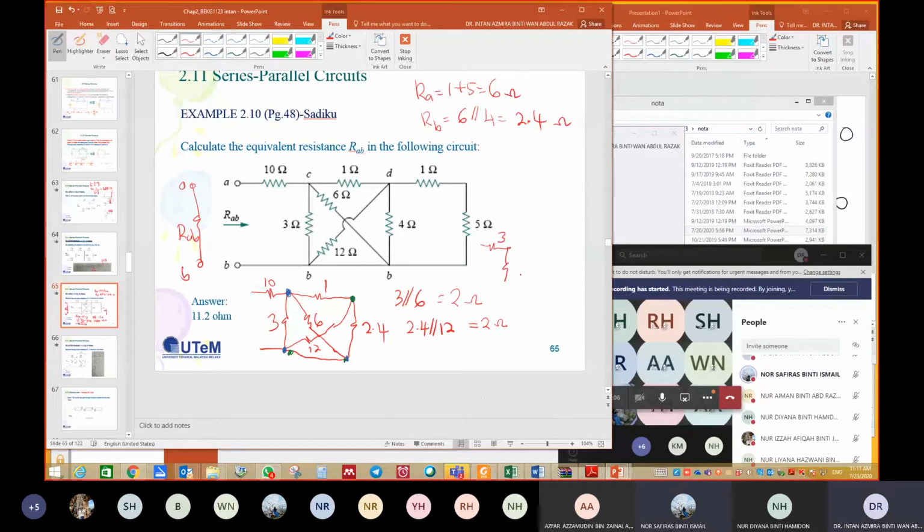So 3 here, 3 and 6 we get 2. Okay, and then we have 1 here. Then 6 and 2.4 we get... no, 2.4 and 12 we get 2. Okay, any more?